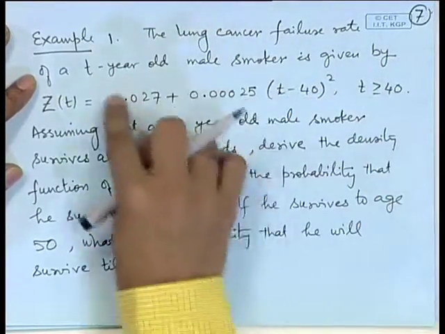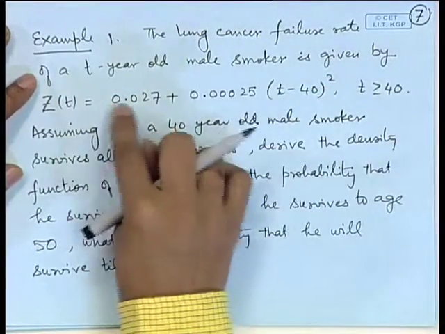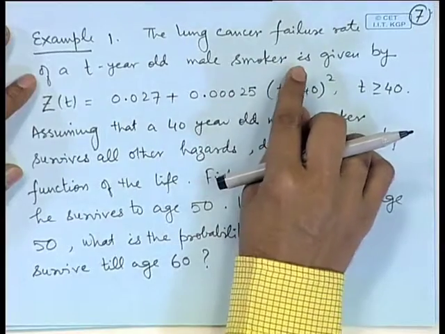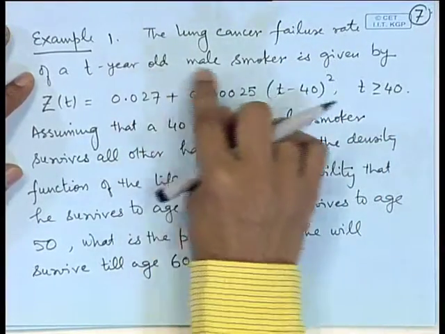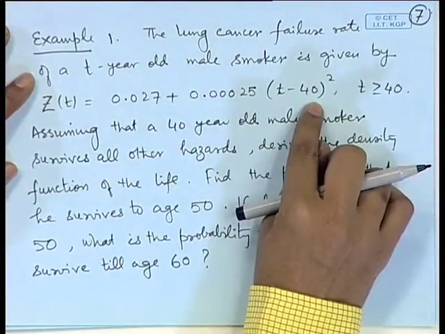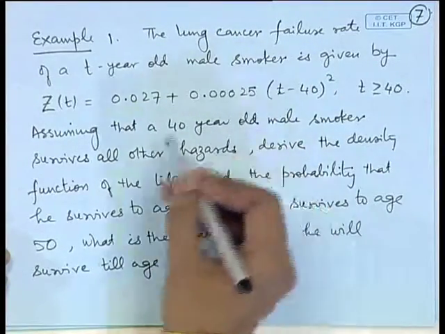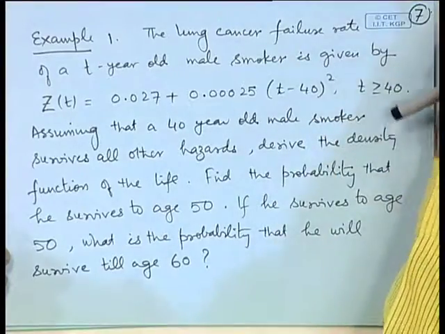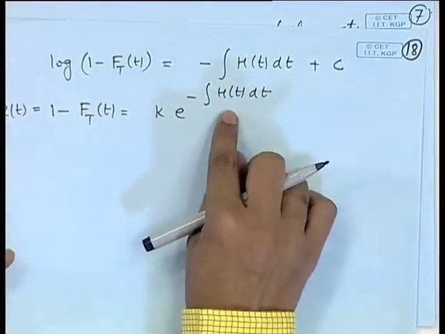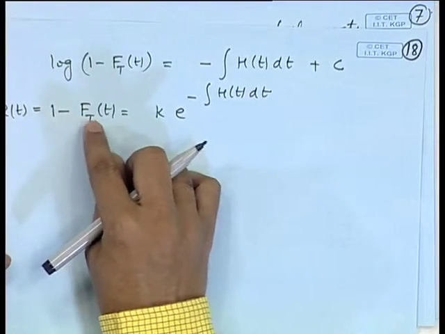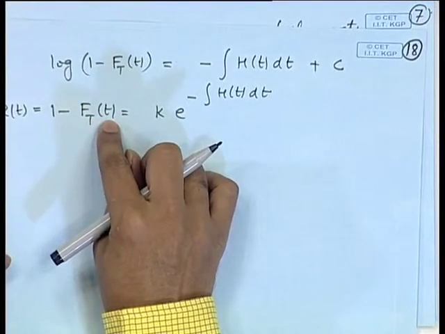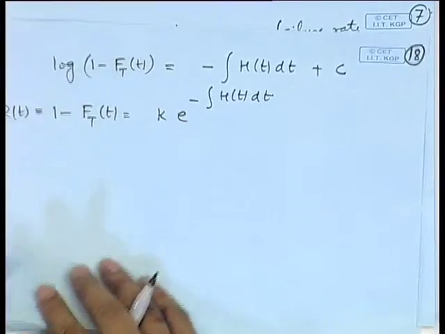So, from here you can make out that the distribution of the life of the T-year-old male smoker is given by a Weibull distribution. So, we can make use of the relationship between the reliability function and the hazard rate function to calculate the reliability function, hence the cumulative distribution function and hence the probability density function of the life.